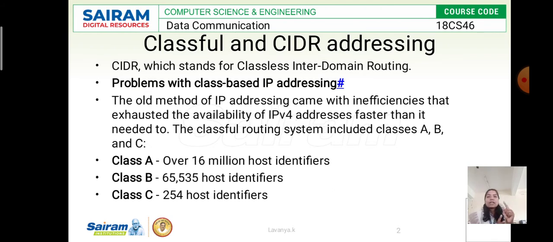Because of that, they use class B instead of class C.